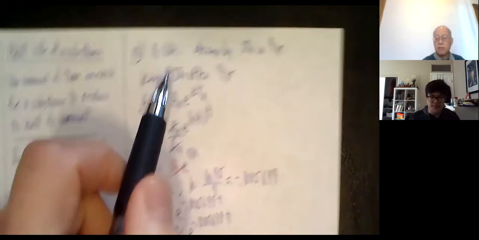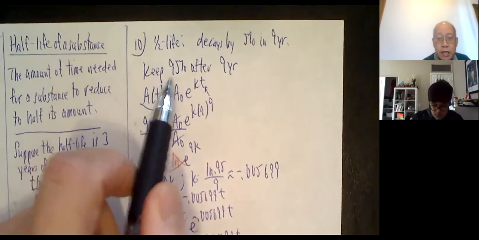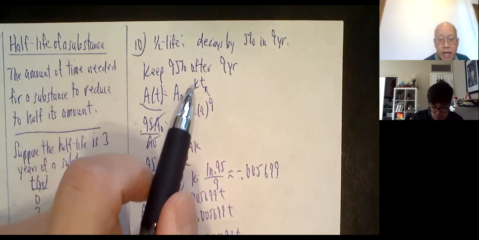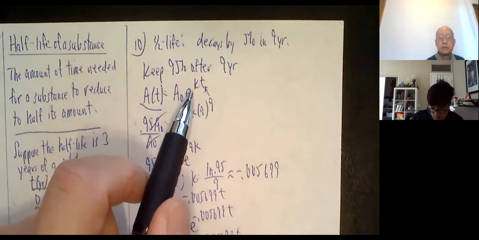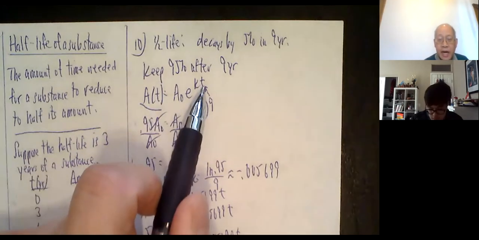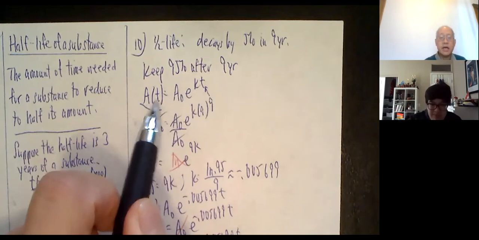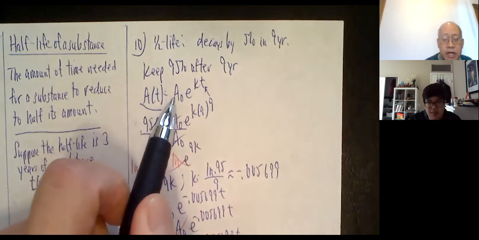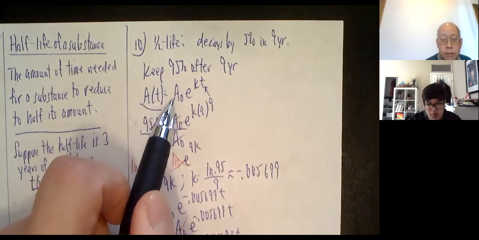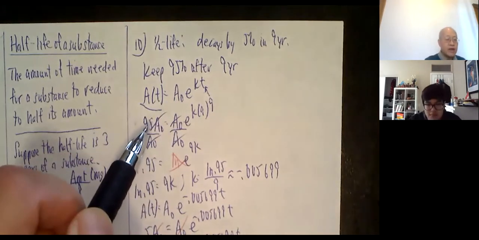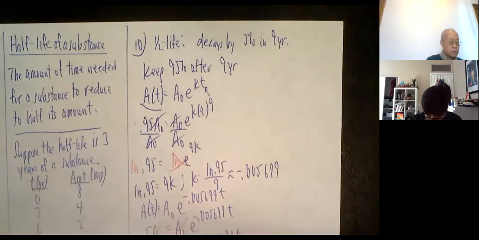All right. So here's what you do. A of t is A0 e to the kt. We know we're going to plug in 9 right here. What goes on the left-hand side? You keep 95% of the original. What is 95% of the original? 0.95 A0.